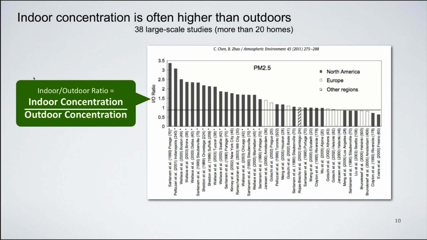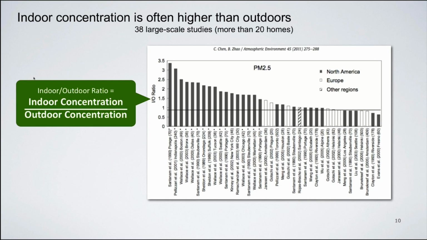The second piece of this is that particle levels indoors are often higher, and sometimes much higher, than they are in the outdoor air. The health studies are all based on measurements, health effects that are seen and correlated to measurements of particles in outdoor air. In this graph, we have listed on the x-axis 38 studies where they measured both indoor and outdoor particle levels. And the y-axis is the indoor particle concentration divided by the outdoor particle concentration.